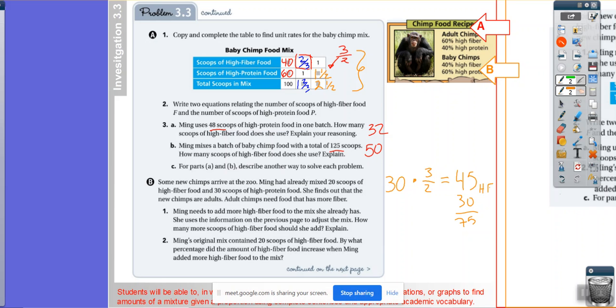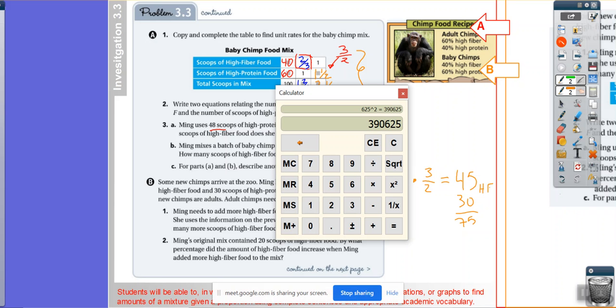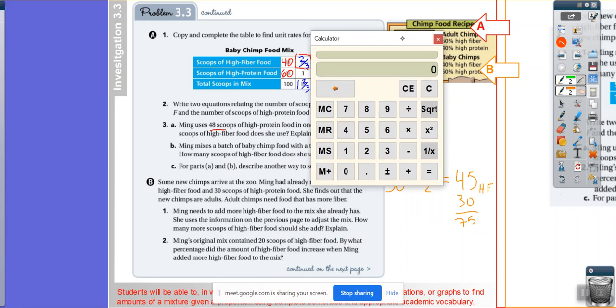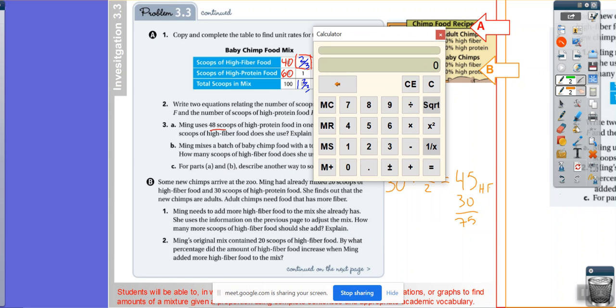And so for 75, we want 60% of it to be high fiber, and we get back to our 45 scoops. Are there questions for how to figure this one out? Nope. I don't know. Okay.